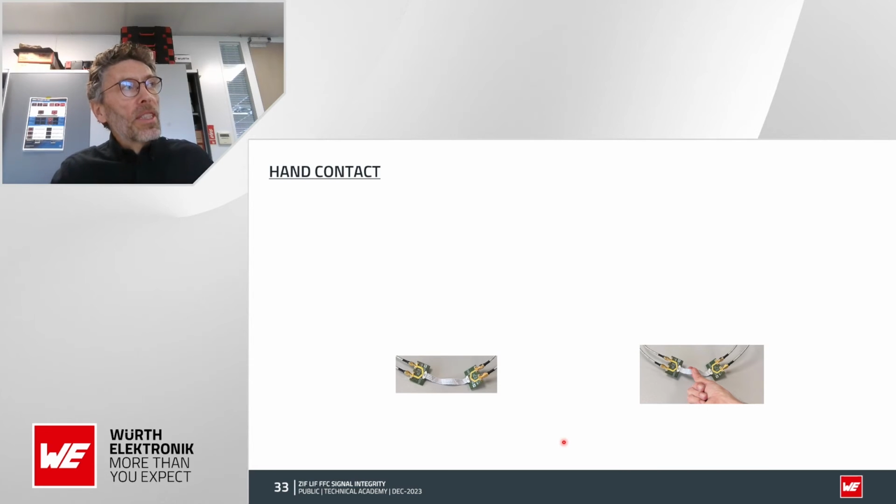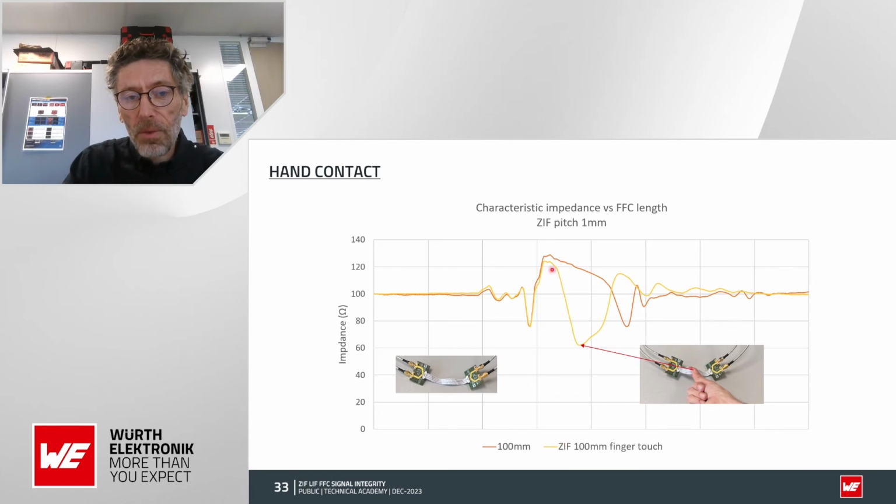Of course, you will not hold the FFC in your hands all along the product life. That's okay. But imagine that you are doing tests and you don't want it to drop down, then you take the FFC with your hands and you do your test, and that's not really working. Maybe that's working in real life. We'll see what the influence is. You see the influence is that you have a big impedance mismatch.